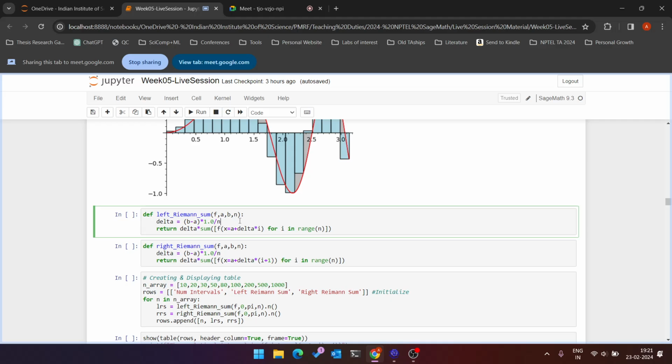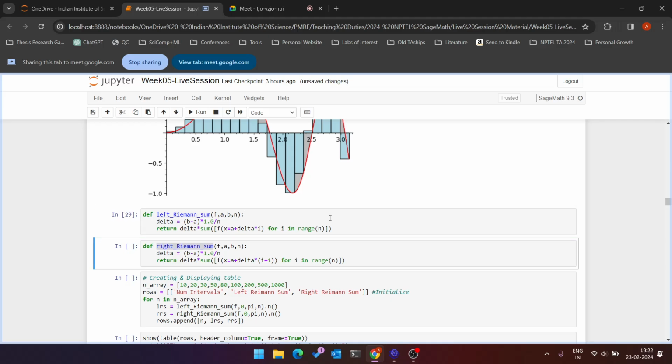From this we calculate the bin width, which is delta, and then multiply it with the sum of an array whose elements are y of x or y of x plus delta, depending on whether it's a left or a right Riemann sum.